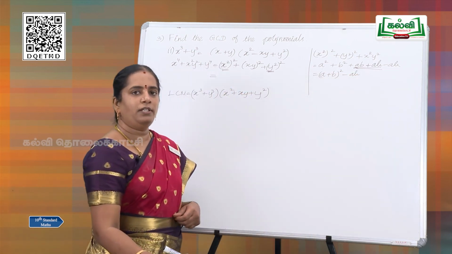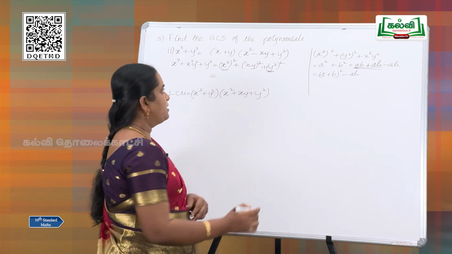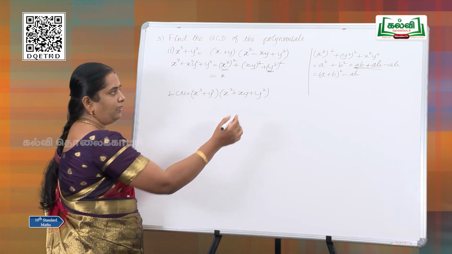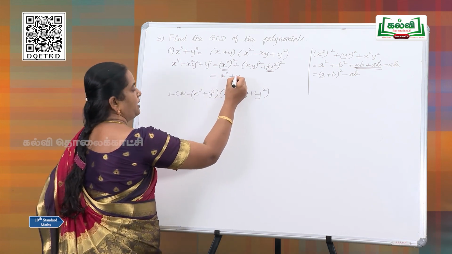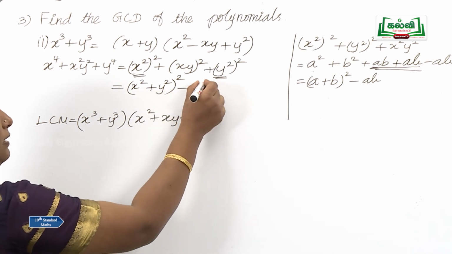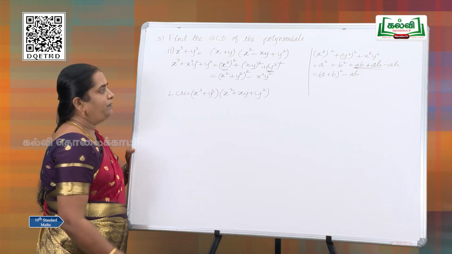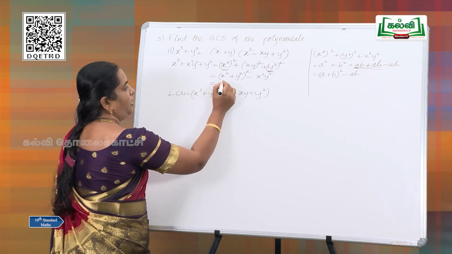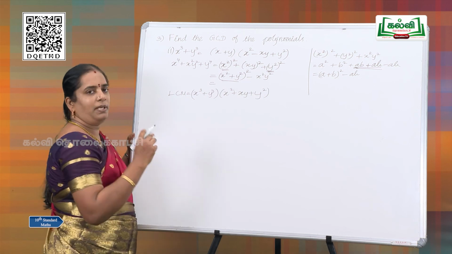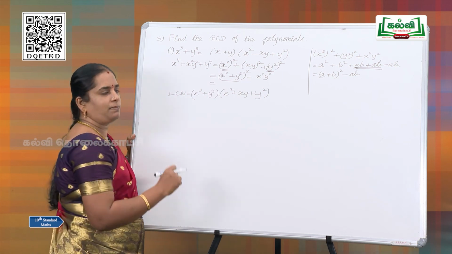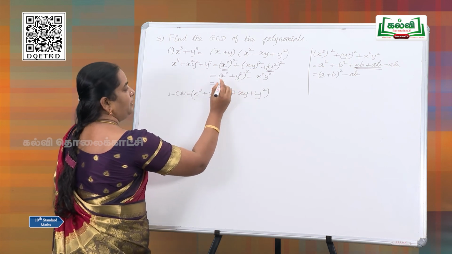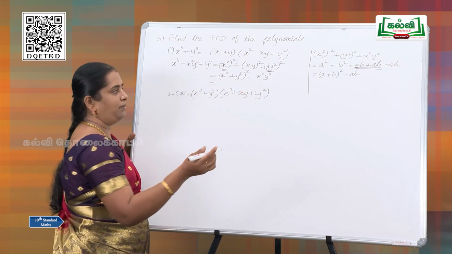Okay. So, we are going to split using this formula. So, this can be split as, a is x square. So, x square plus y square the whole square minus, a is x square and b is y square. Okay. So, this is in the form a square minus b square. So, we can split as a plus b into a minus b. So, this can be taken as xy the whole square, and here we can use a plus b into a minus b.